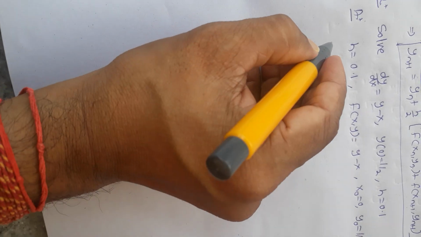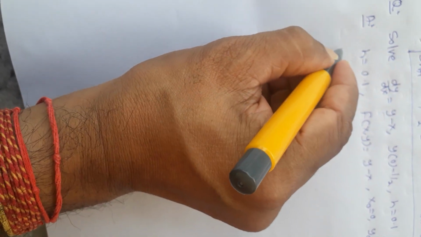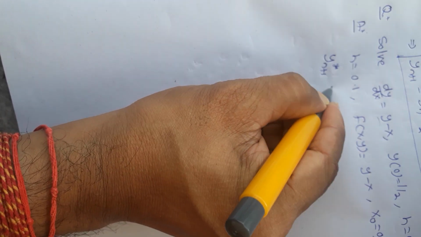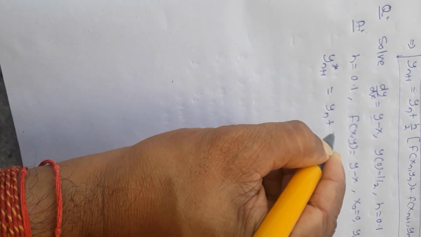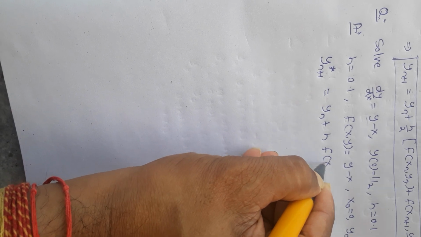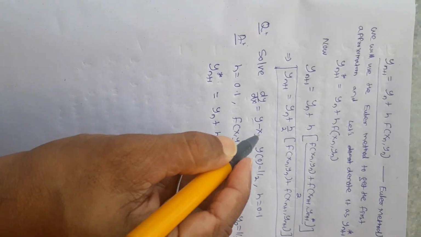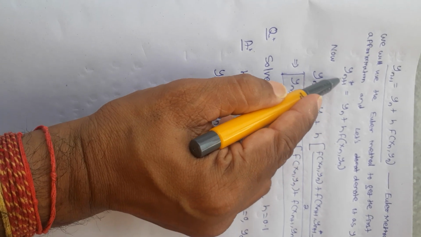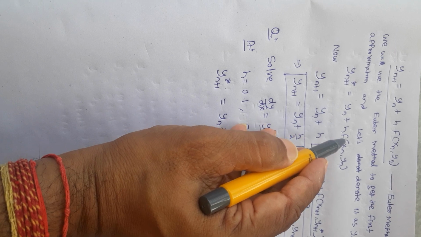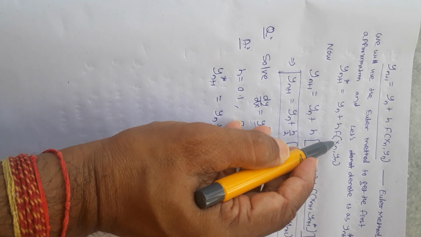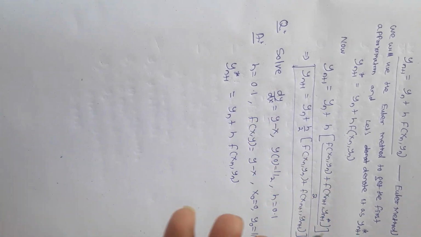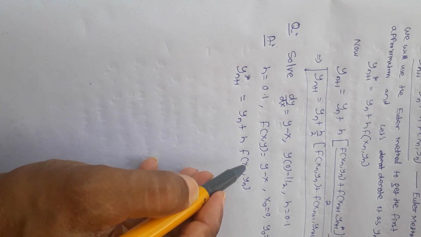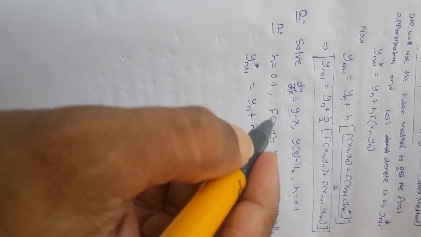As per our previous discussion, the first approximation y n plus 1 star will be y n plus h into f of x n, y n, according to the previous Euler formula.